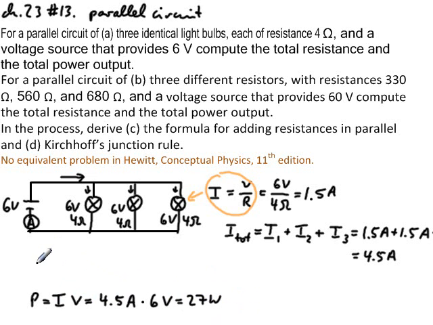At the same time, we can also determine what the total or equivalent resistance is, which is the total voltage, 6 volts, divided by the total current, 4.5 amps.